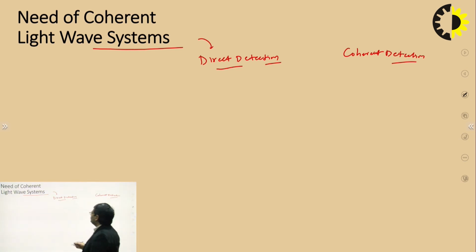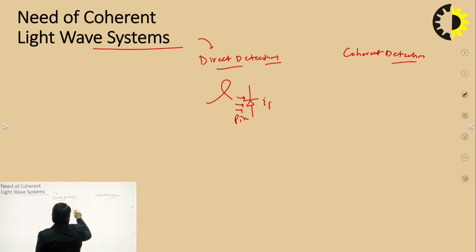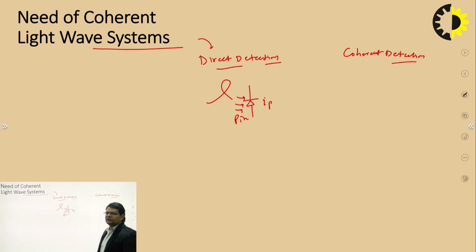In the direct detection, the received optical power from the fiber is directly incident over the photodiode or photodetector. This is the case of direct detection, where the received optical power is, as it is without any mixing, directly incident over the photodiode or photodetector.